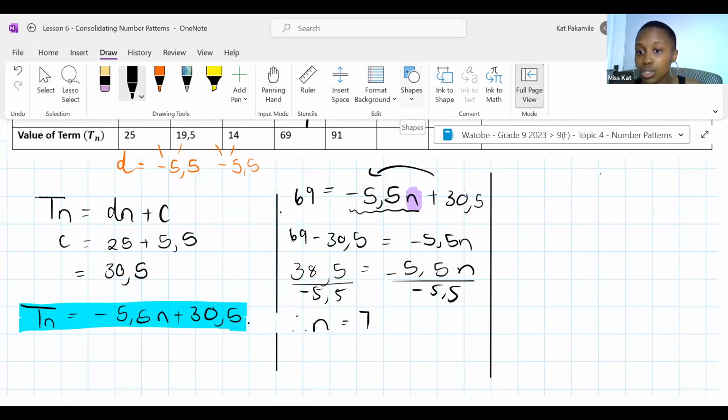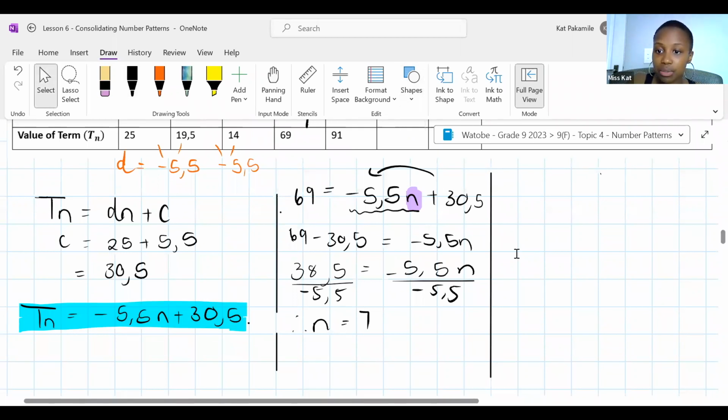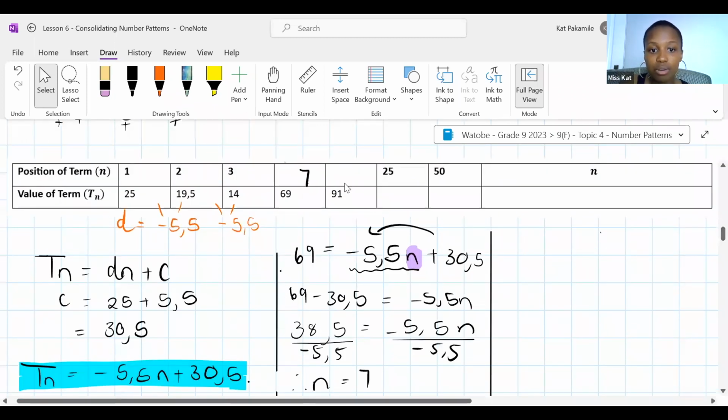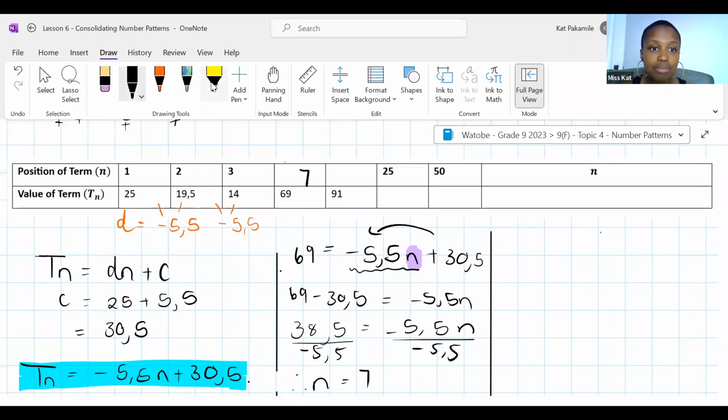I misunderstood what to do. Okay, Novoyo, remember, when we're given the value of the term, then we have to find the position. So you have to substitute at the correct place.